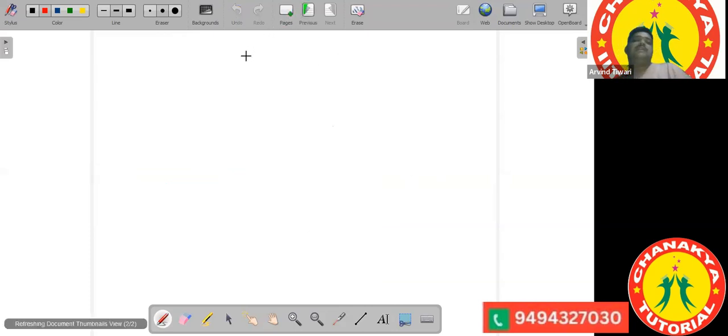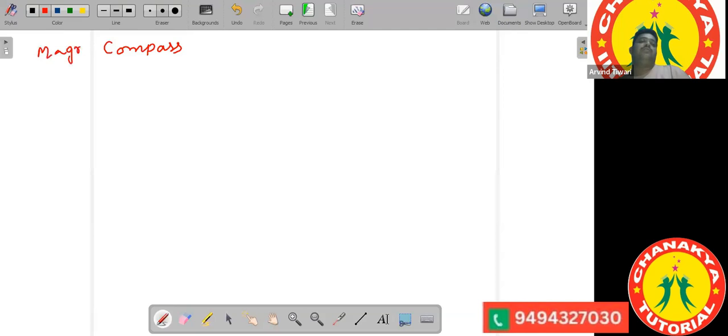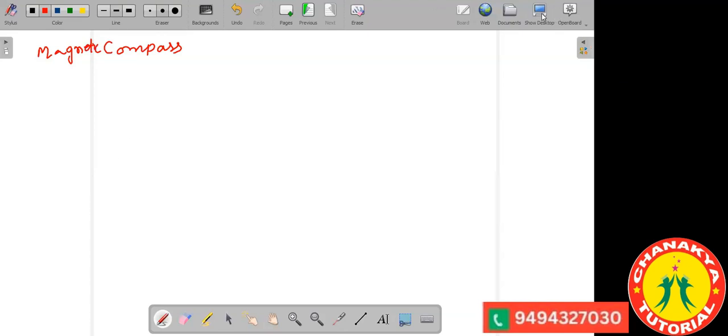Now we see another thing relating to this chapter, that is a compass needle or magnetic compass. I think all of you must have used a magnetic compass, or if not used, then you must have seen one. Yes, sir.